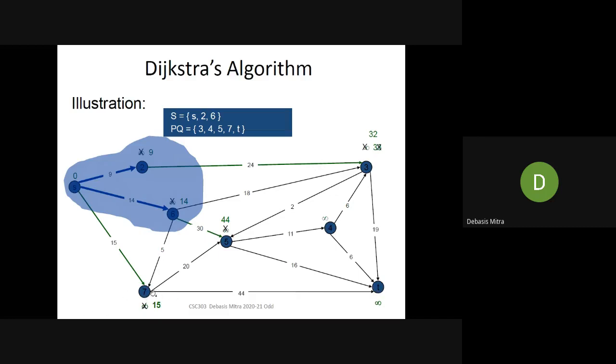So obviously, now 7 will be extracted because it is having the minimum distance.